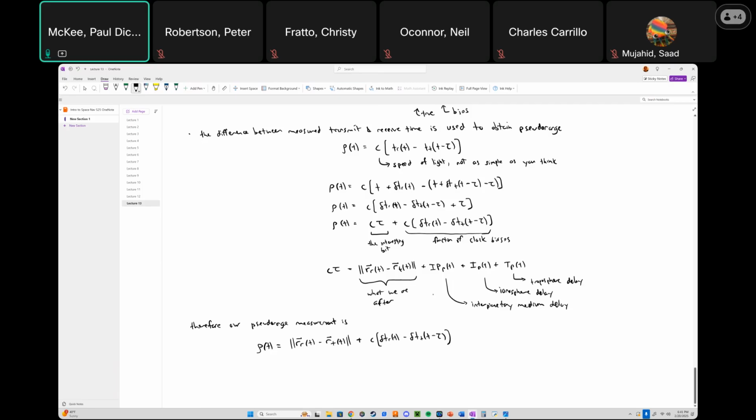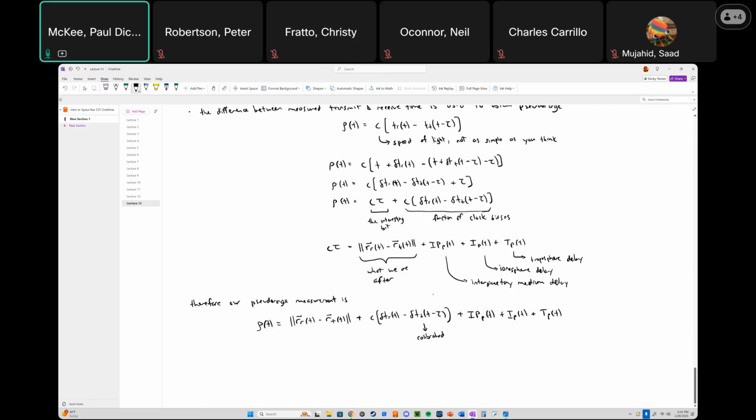But generally, we can say that this bit is calibrated. And then we've got these dumb delays coming along, right? So there's the fact that light is delayed by going through the interplanetary medium, by going through the ionosphere, by going through the troposphere. So this is the pseudo range right here.